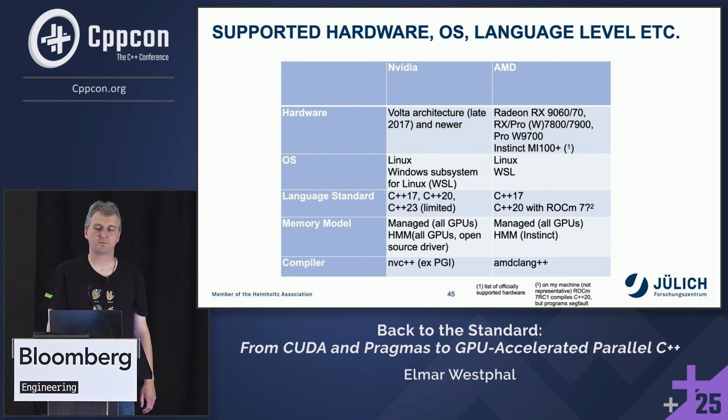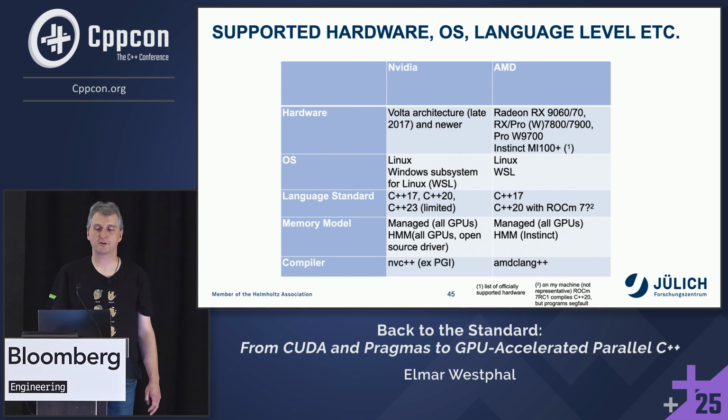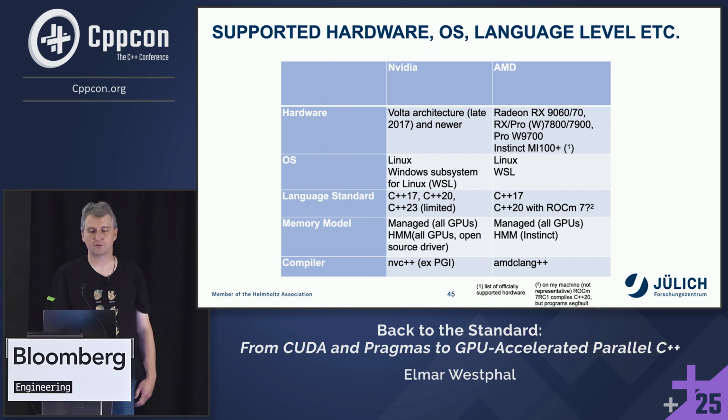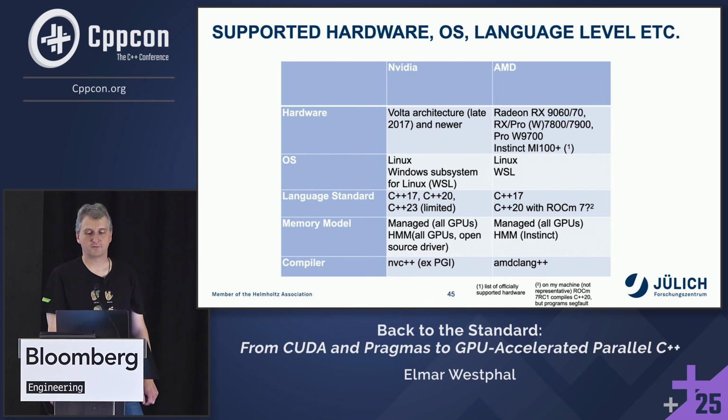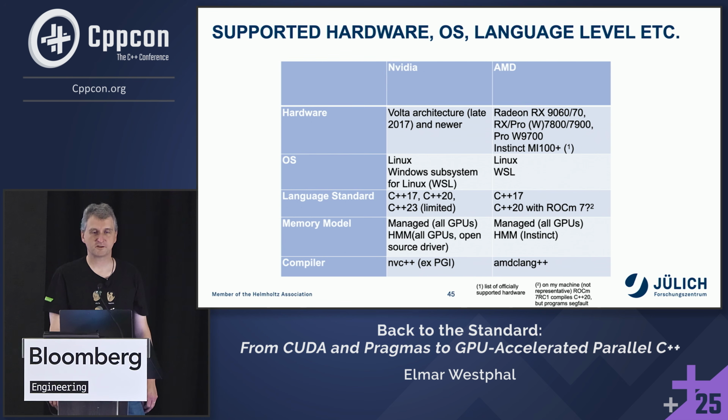So, the supported hardware, operating system, and so on for the different solutions from NVIDIA and AMD. Like I told you, with NVIDIA, everything in the Volta architecture or later supports standard parallelism on GPU, on Linux and possibly the Windows Subsystem for Linux.